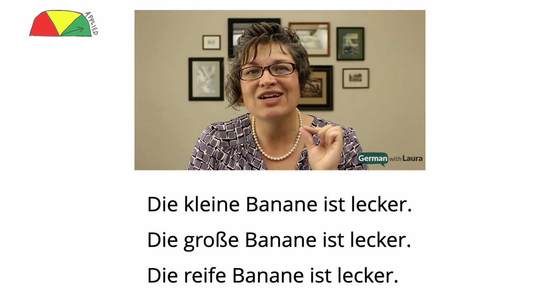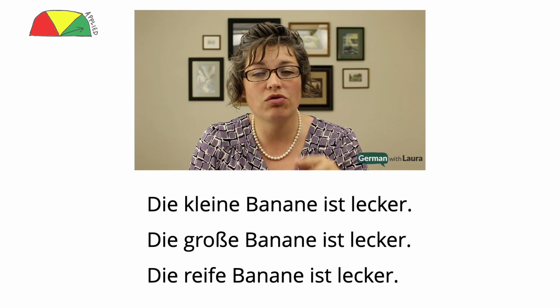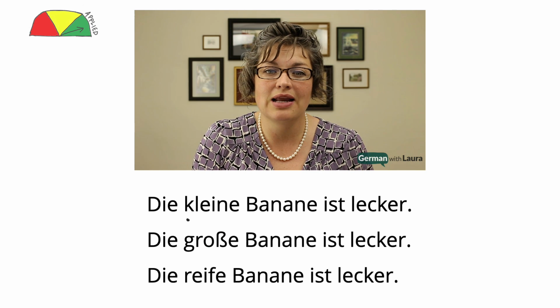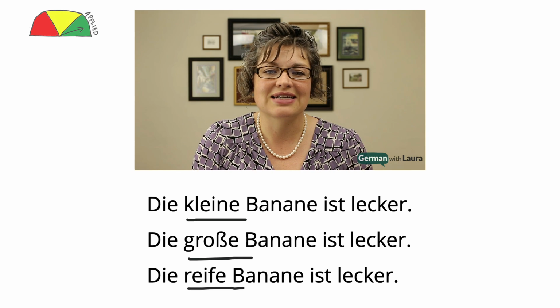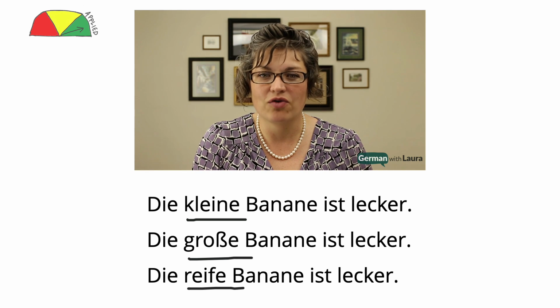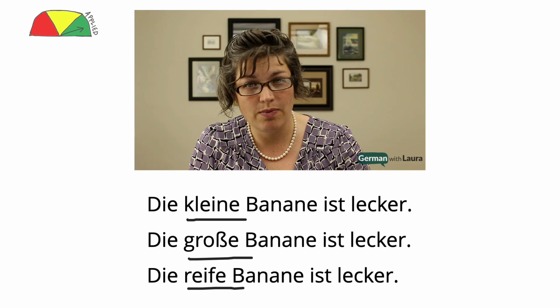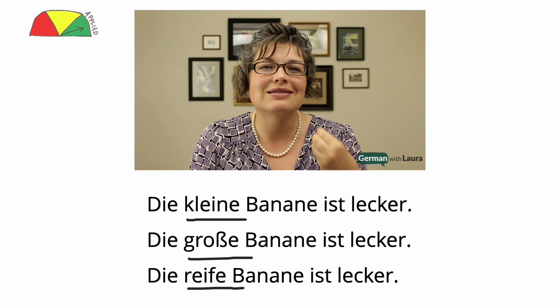So now the exact formula that we're going to look at in this video that I'm going to walk you through is this one. Die kleine Banane ist lecker. Die große Banane ist lecker. Die reife Banane ist lecker. For the small banana is delicious, the big banana is delicious, the ripe banana is delicious. Okay, so I've added in here a second adjective.